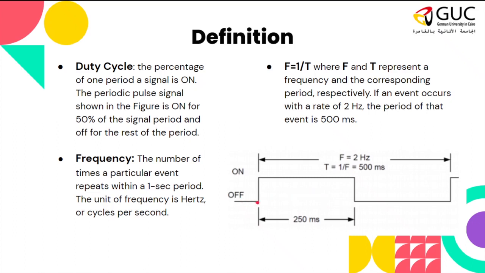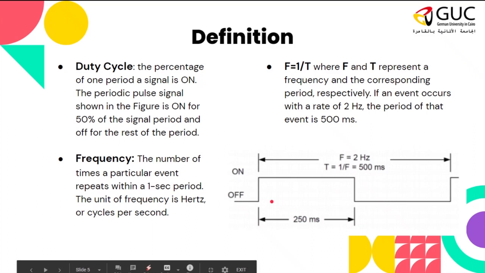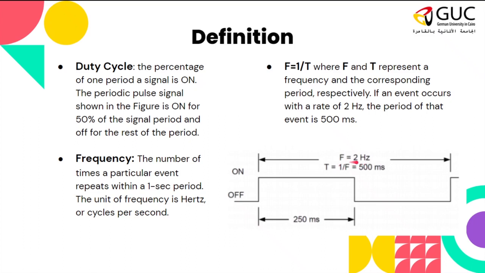So if we duplicate this signal, on and then off, over 1 second, because this is over half a second, we will have the on twice and the off twice. This is 2 hertz, meaning that our event repeats itself twice over a 1 second period of time.